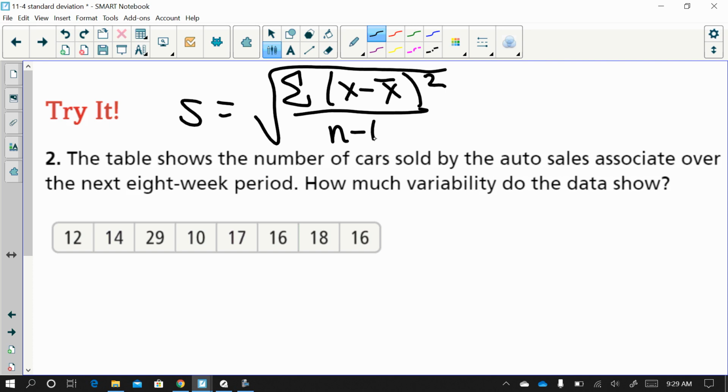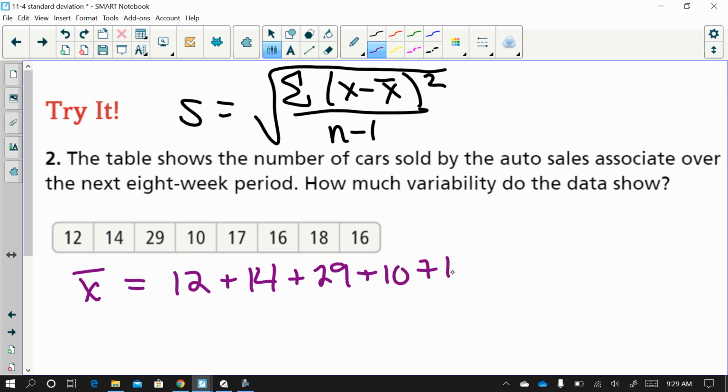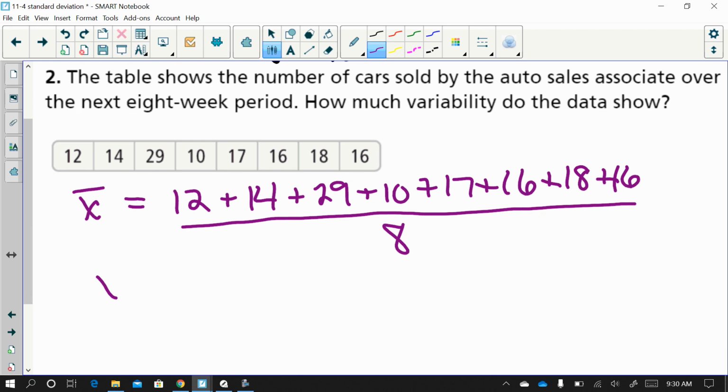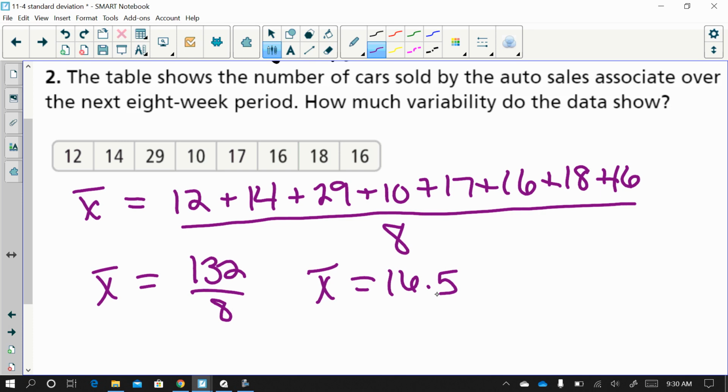Okay, so we're going to repeat it. First thing we do, find the mean. All right, so step one, find the mean.